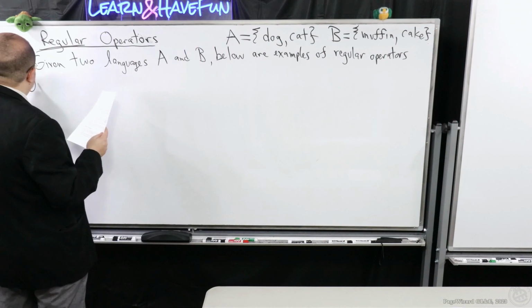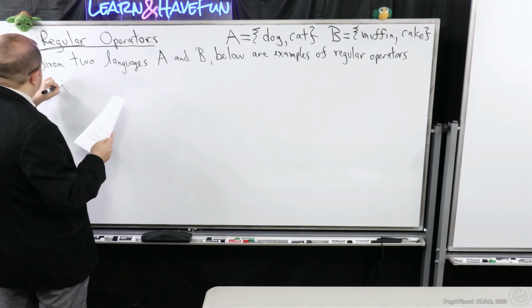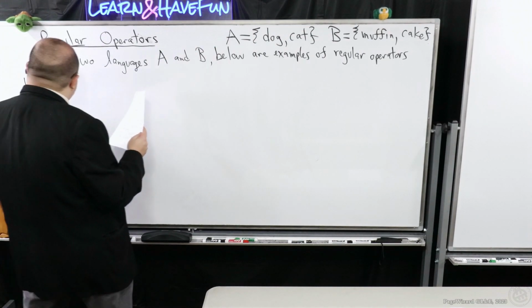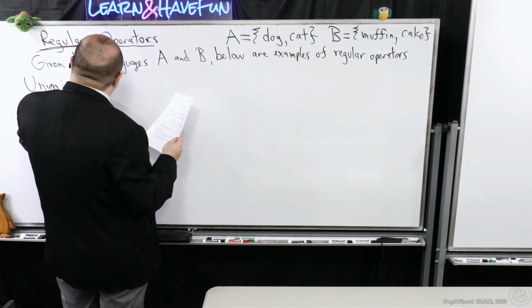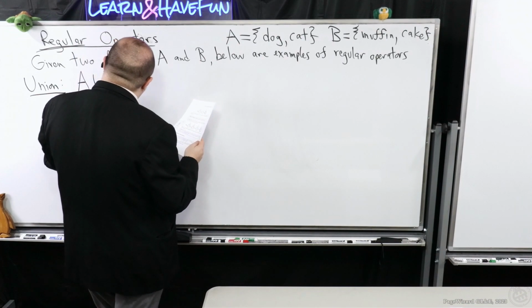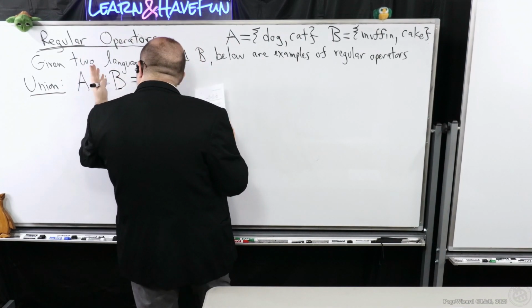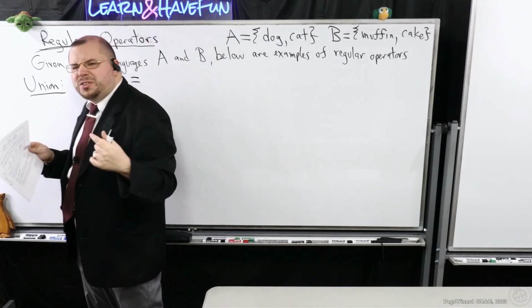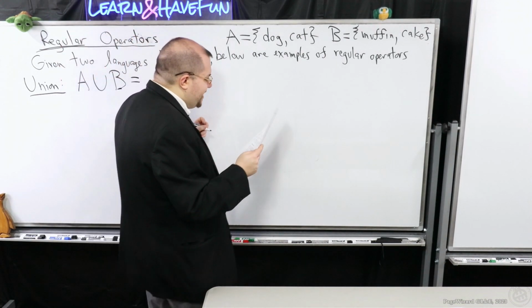So here are some examples of regular operators. The first one I usually talk about is union. One way to write union is using the cup. So you use this cup notation. If you've seen set theory before, you're going to know what you're in for right away.